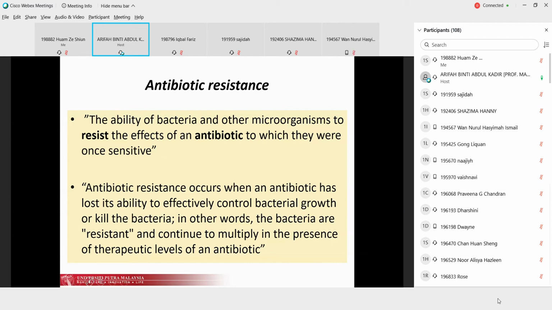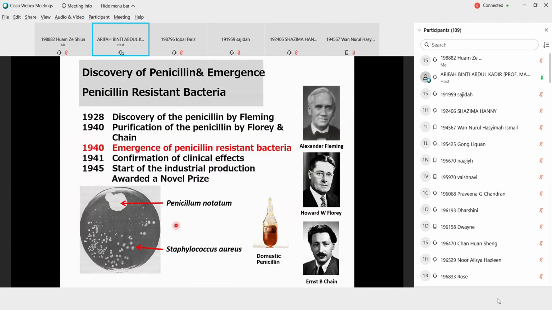Go to the next slide. Okay, so the discovery of penicillin and the emergence of penicillin-resistant bacteria. Even in those days, when they developed penicillin, they already discovered resistance to the drug. In 1928, penicillin was discovered by Sir Alexander Fleming.